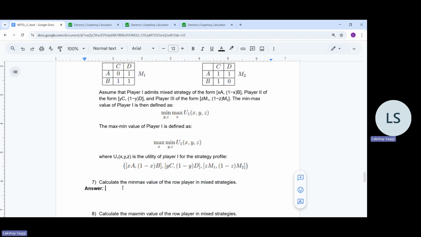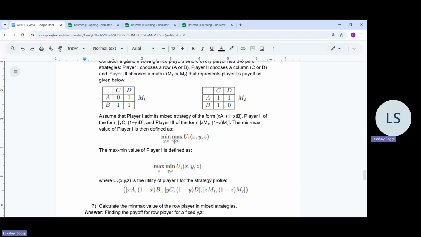So let's say the row player for a fixed y comma z. What does that mean? y is essentially the probability of choosing column C, and z is the probability of choosing one of M1 or M2.